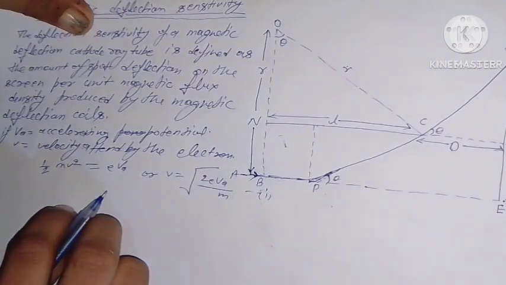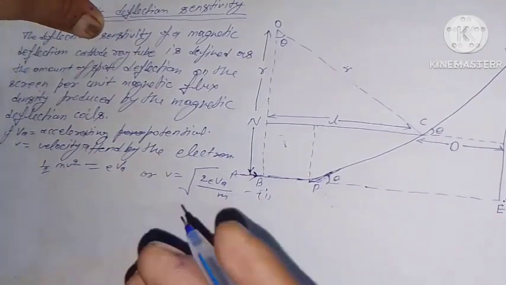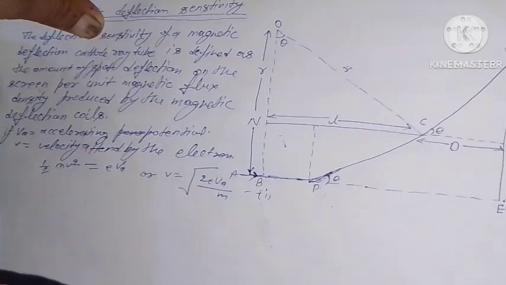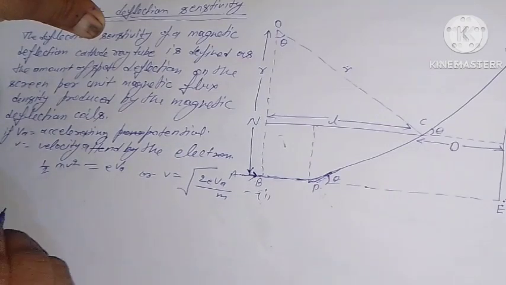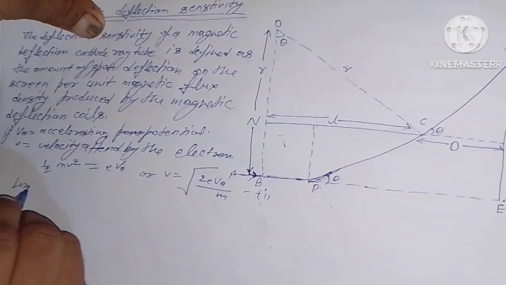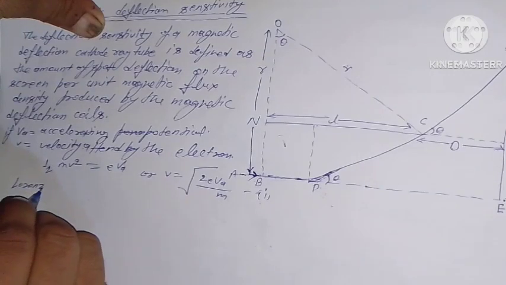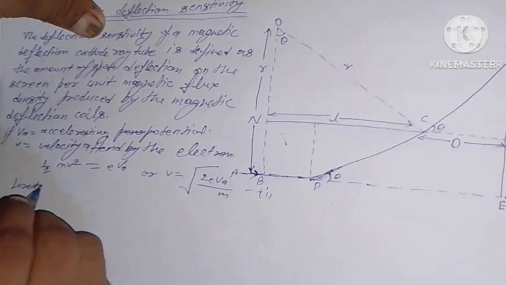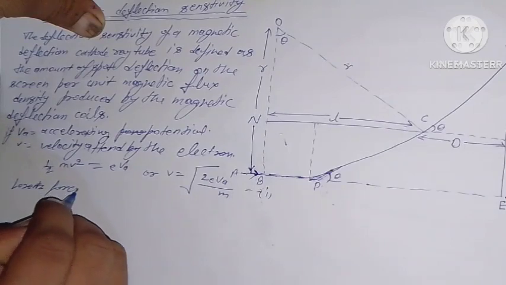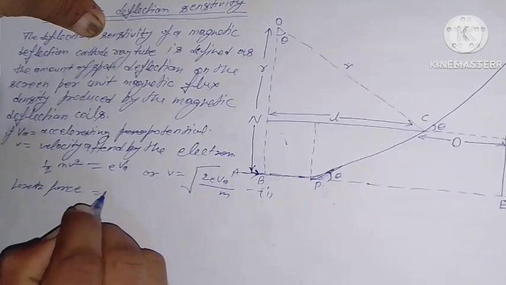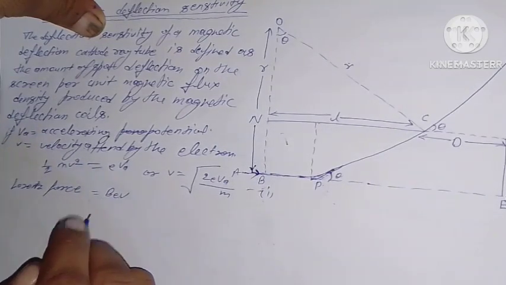If B is the magnetic flux density, then the Lorentz force acting on the moving electron is Bev.